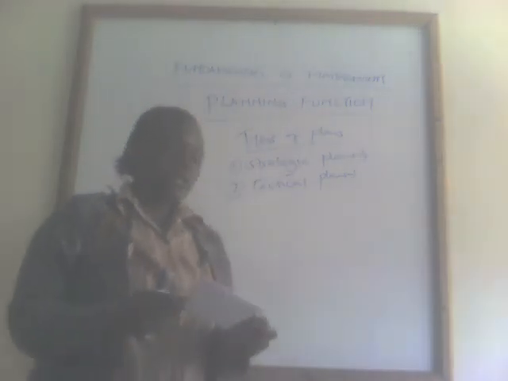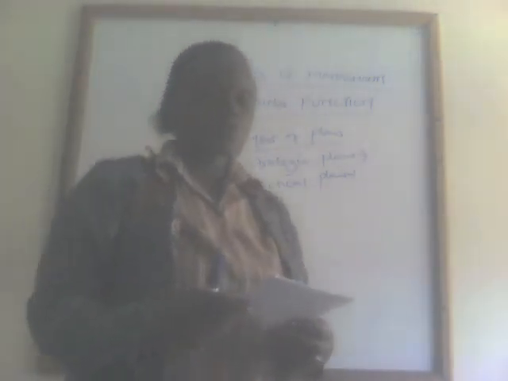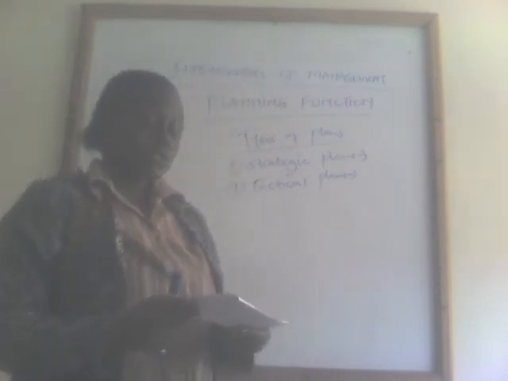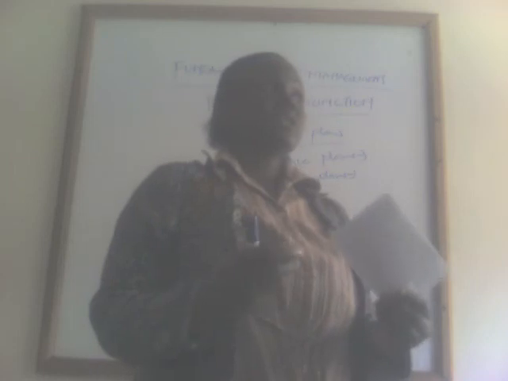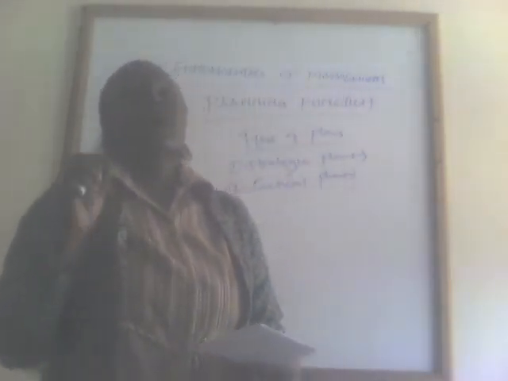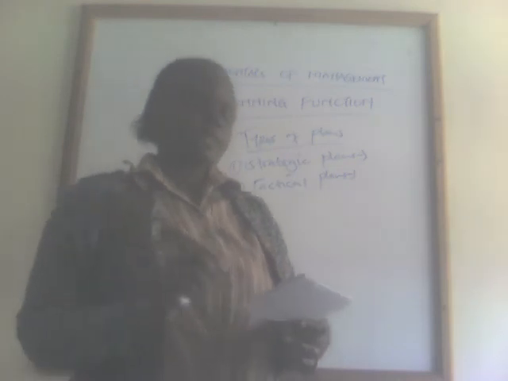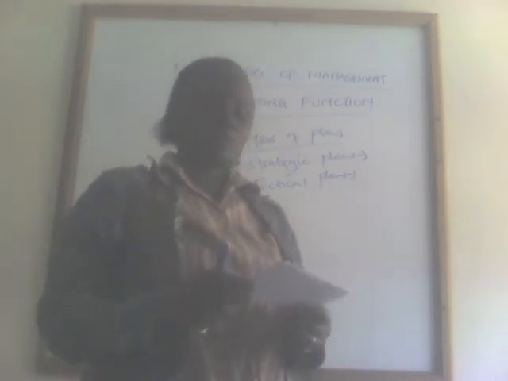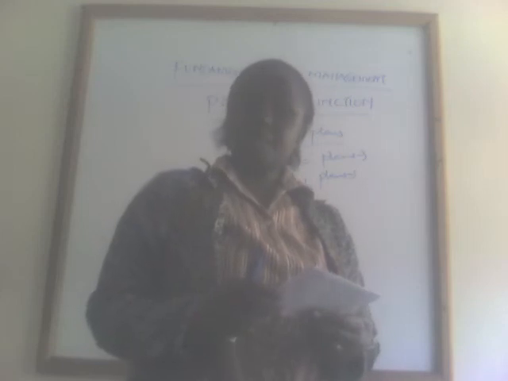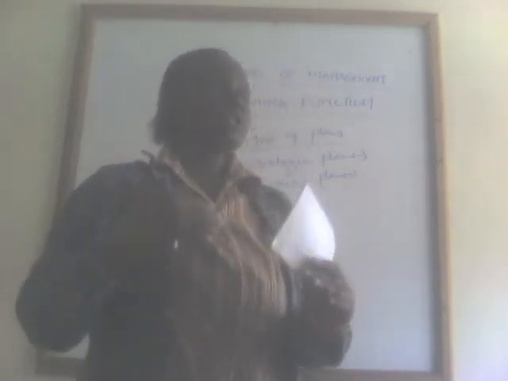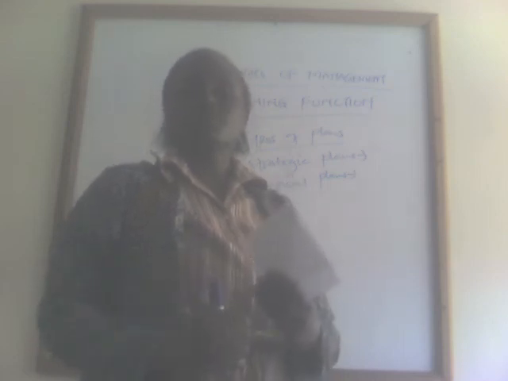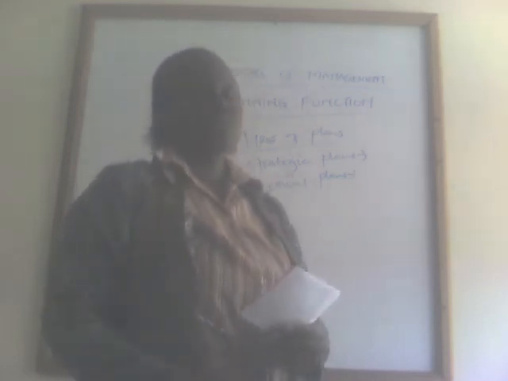Okay. Then we have the last one, operational plans. Operational plans, and the name is operational, means these are the lower management plans. They are developed by lower level management, and are concerned with the execution of their objectives. You want to make sure that the work is being performed according to the given objectives.